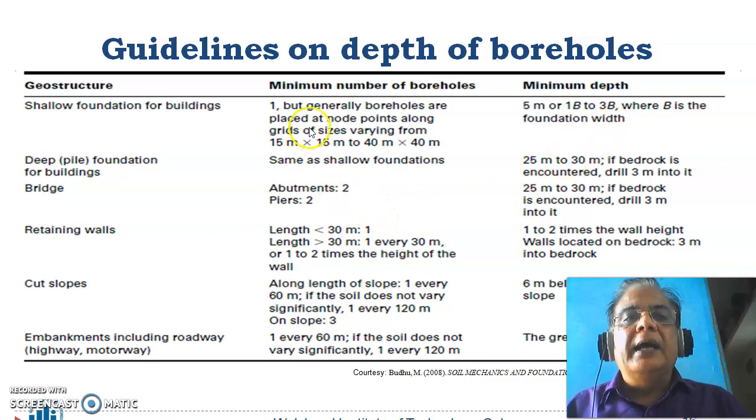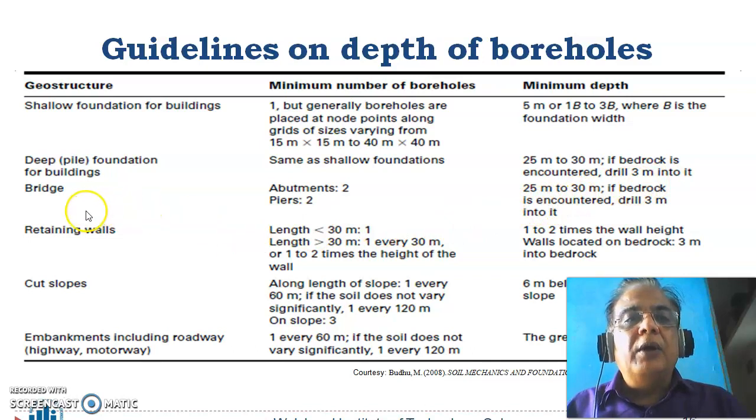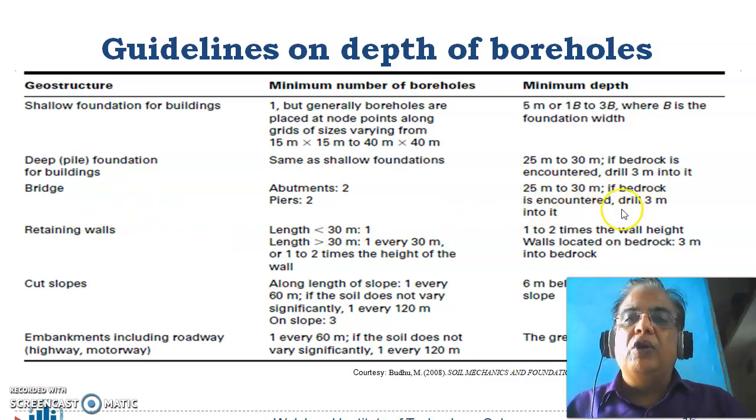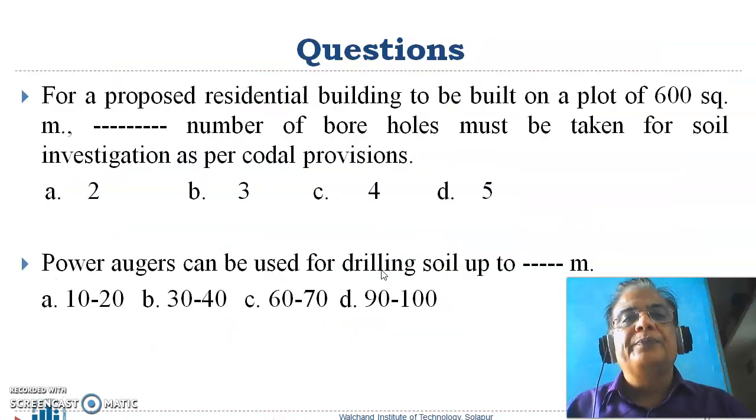Okay, and for deep foundation 25 meter to 30 meter. If bedrock is encountered, drill 3 meter into it. Okay, for bridges 25 meter to 30 meter depth. If bedrock is encountered, again drill 3 meter into it. In this fashion, the guidelines are given on depth of boreholes also.